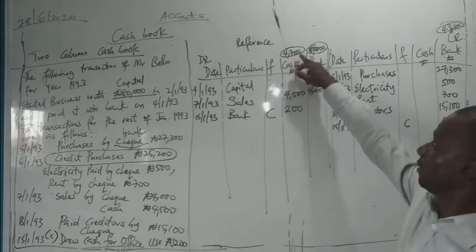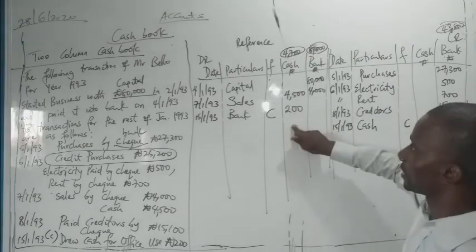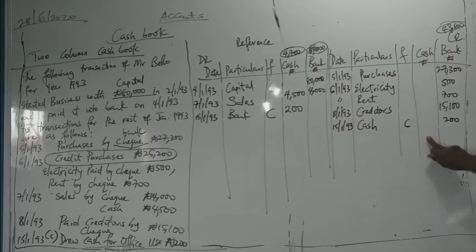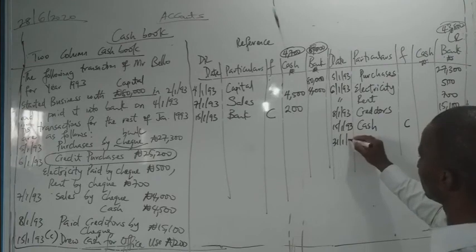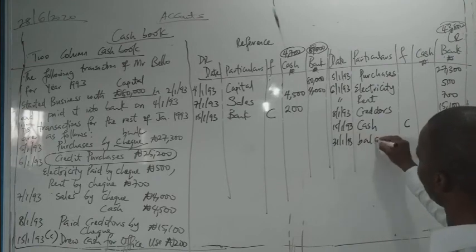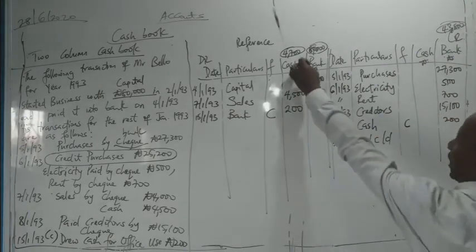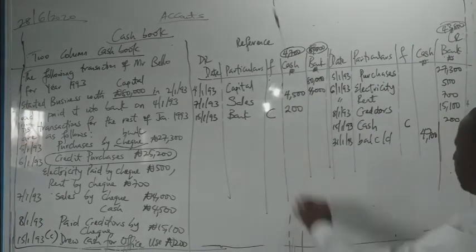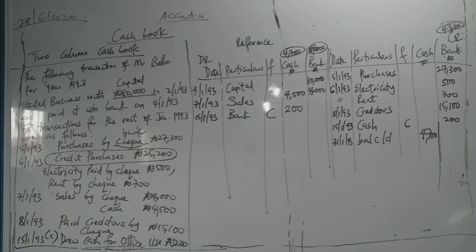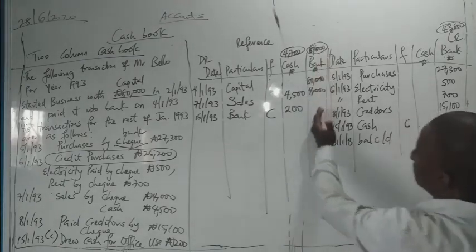Why? Because the total of this debit side is greater than the total of this credit side, which is 0. So we'll come January 31st, 93, closing balance under the cash column, 4,700. Gotten that? Okay.